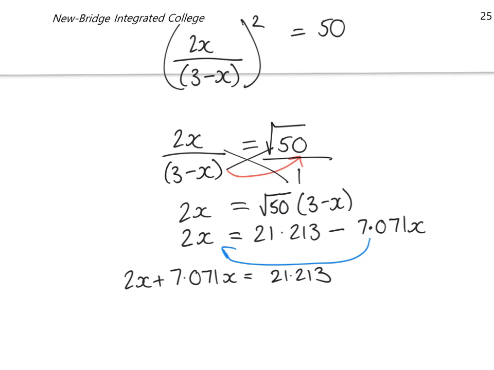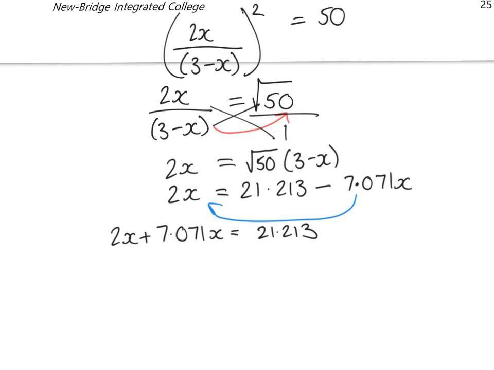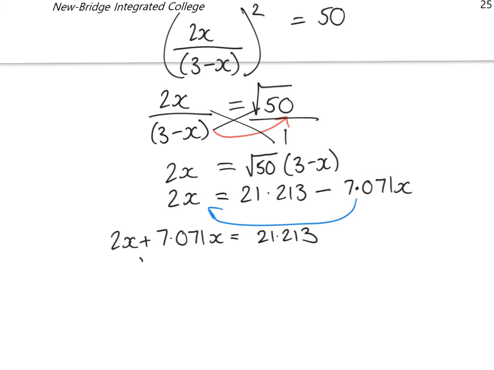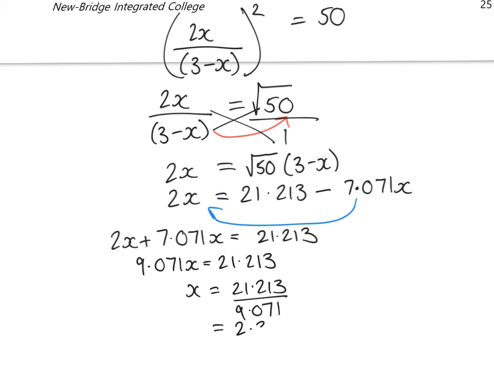Simplifying that down, moving our x's together, that gives us 9.071x equals 21.213. How do I find out what x is? Divide. So x is 21.213 divided by 9.071, which is equal to 2.34. Yes? Happy days.